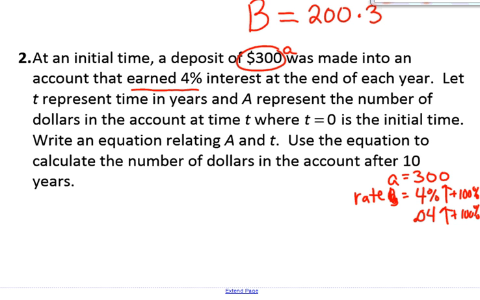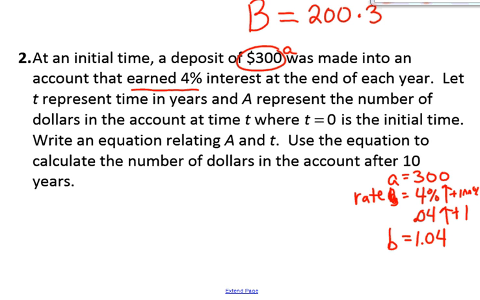So my B actually is that 100% plus 0.04. And actually, sorry, that 100%, if I make that a decimal, is just like adding 1. So that B is 1 plus 0.04. So 1.04 is like 104%.